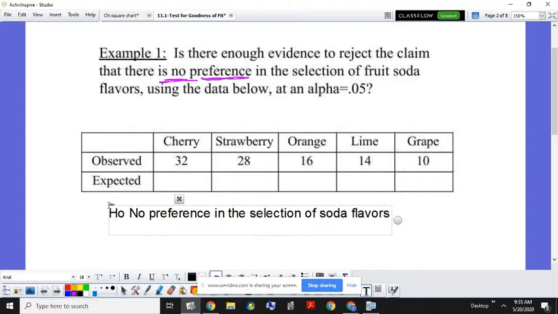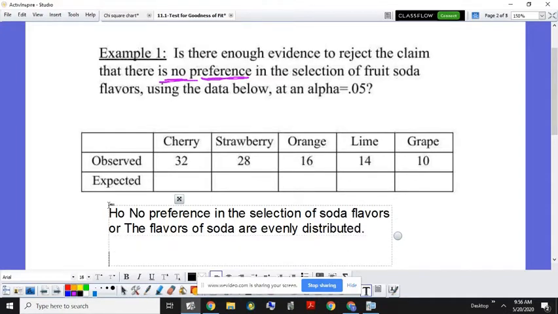Or you could also say the flavors of soda are evenly distributed. Right, so either one. If there's no preference in soda flavors, then that means that each one of these flavors should be evenly distributed.